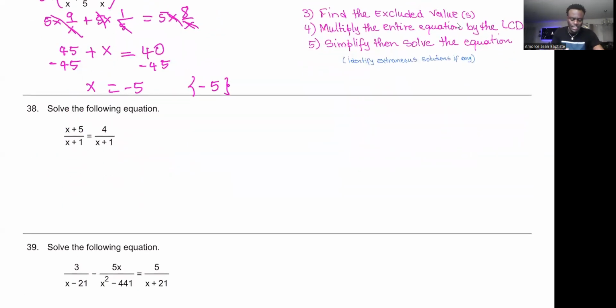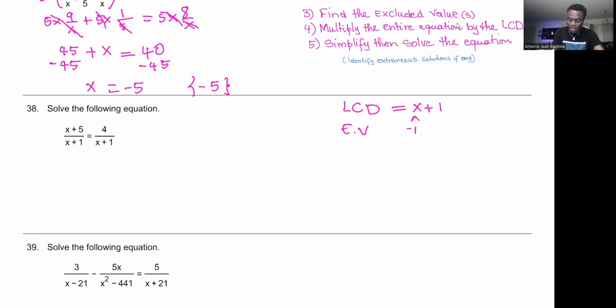Next up is this problem. Find your LCD. Since it's just one factor that is the same in both fractions, that's x plus 1. And now the excluded value is the value that will make this equal 0, which is -1. See, if x equals -1, this will be 0.